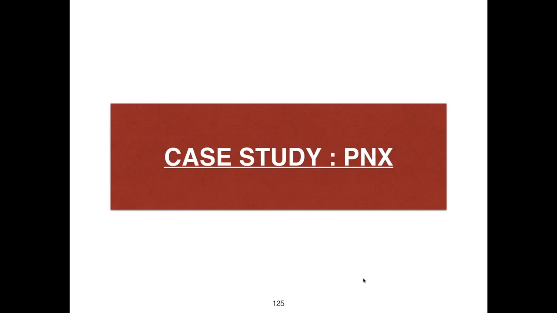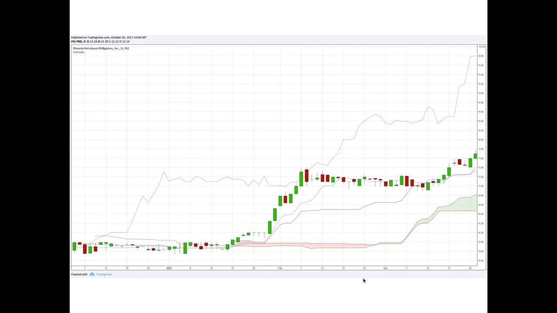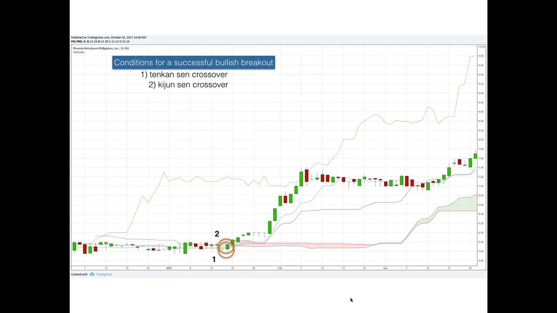Now let's do another case study on PNX. I'd like to show you the conditions for a successful breakout that we also found in PNX. First, there was a Tenkan-sen crossover. There's a Kijun-sen crossover. And then there's a Chikou Span crossover.